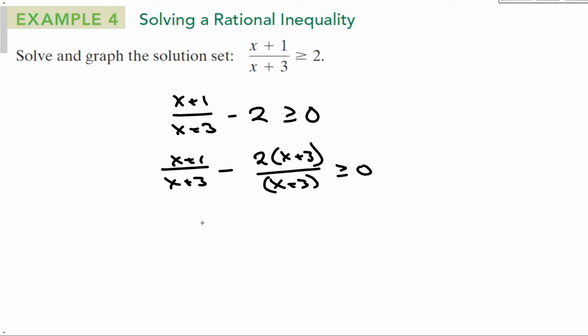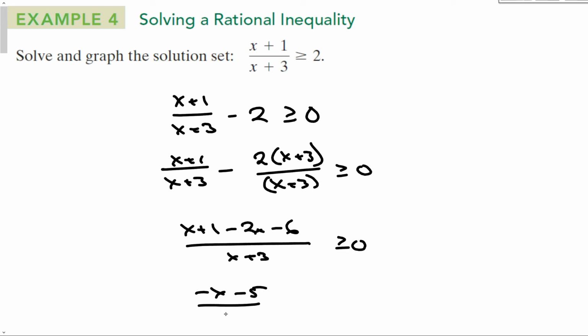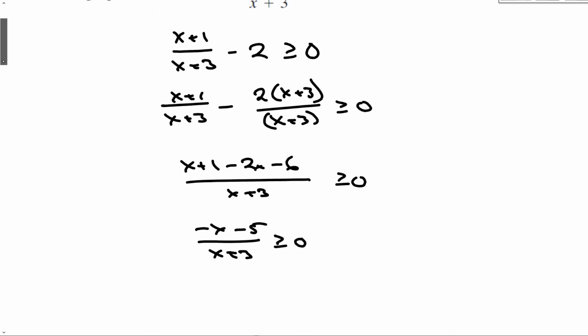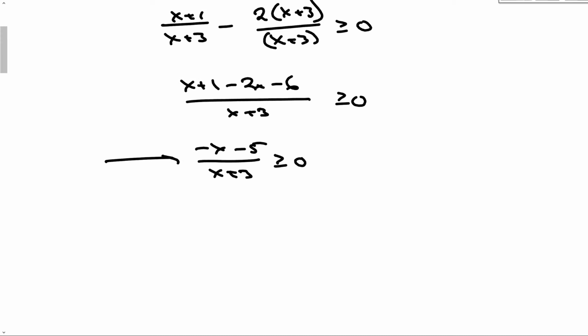And so now I have x plus 1 minus 2x minus 6 all over x plus 3. Combine like terms, we get -x minus 5 over x plus 3. Now I have combined this into a nice rational function. That was step 1. Okay.